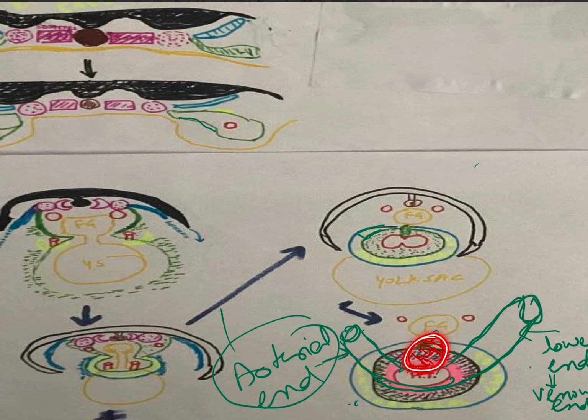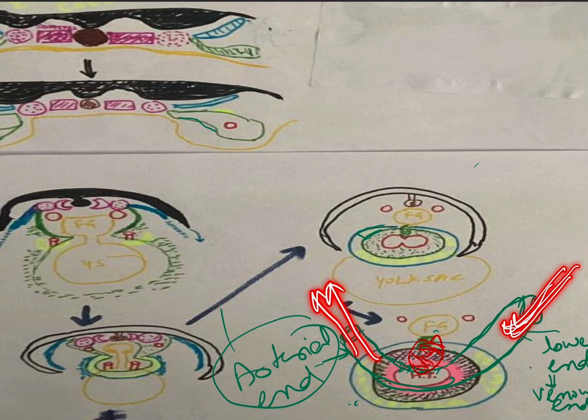What is the clinical importance of this transverse pericardial sinus? This question is asked frequently in MCQs. The clinical importance is that during heart surgery, a cardiothoracic surgeon places a finger and separates the inflow of blood from the outflow of blood.